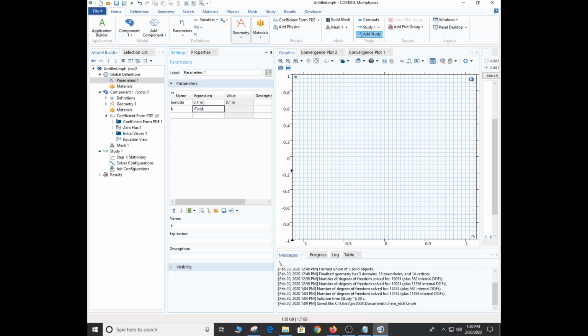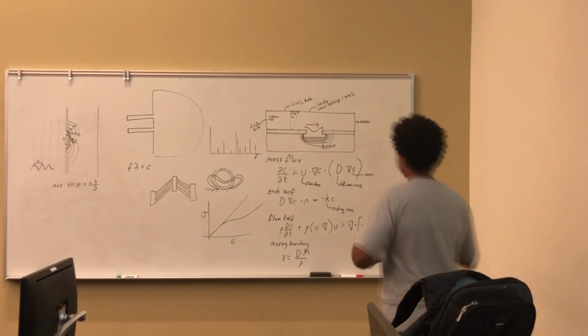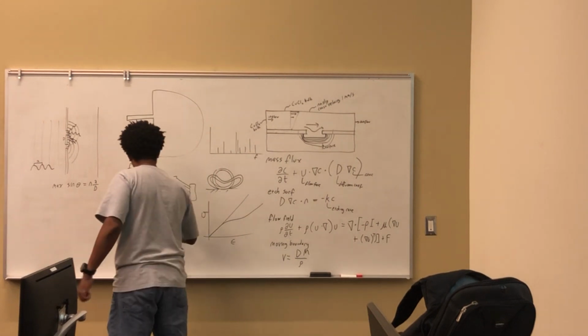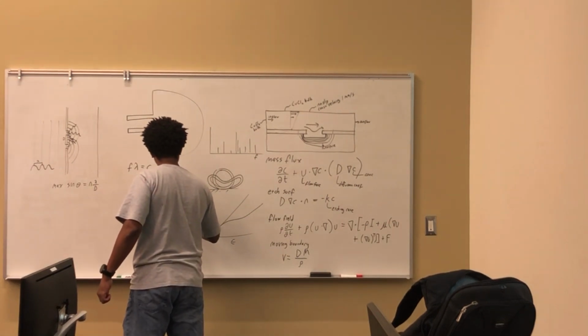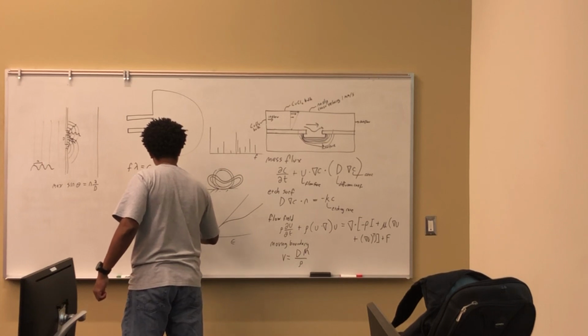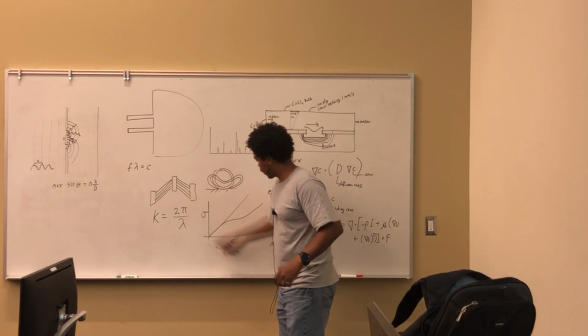In this case, pi is in radians, right? So we're just going to tell it, it's in radians, per lambda. Okay, so this is k right here, wave number. That's the wavelength.